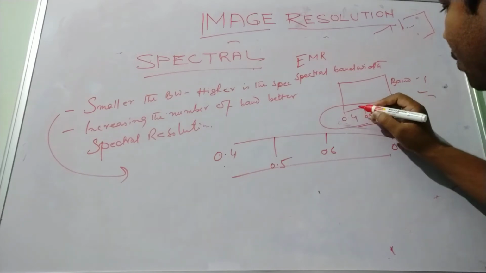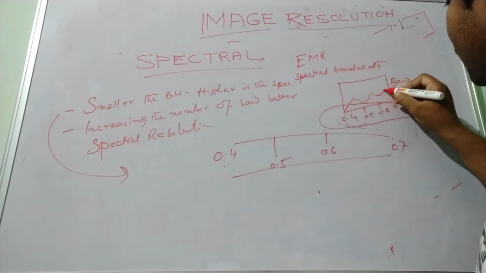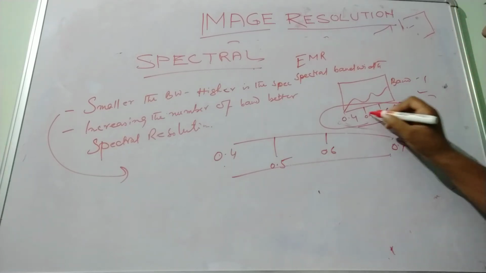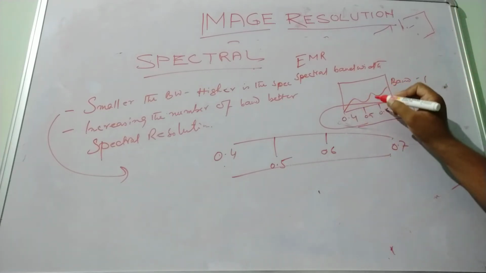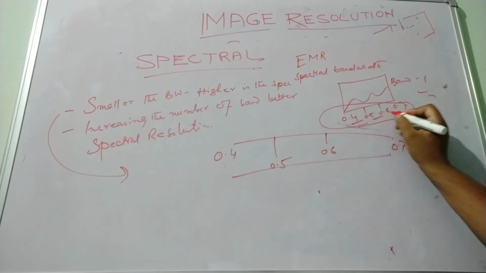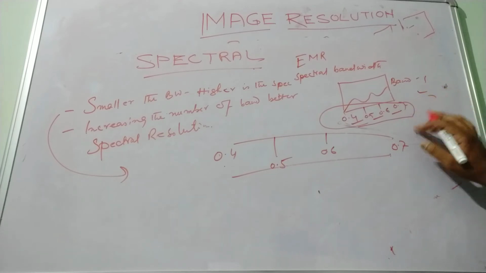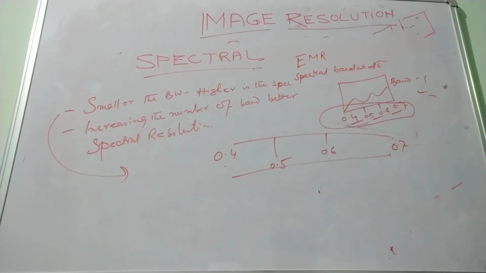So it will collect information in this 0.4, this 0.5, 0.6, and so on. So as the number of bands increases and the width of the spectral electromagnetic radiation becomes smaller, it will provide a better spectral resolution.